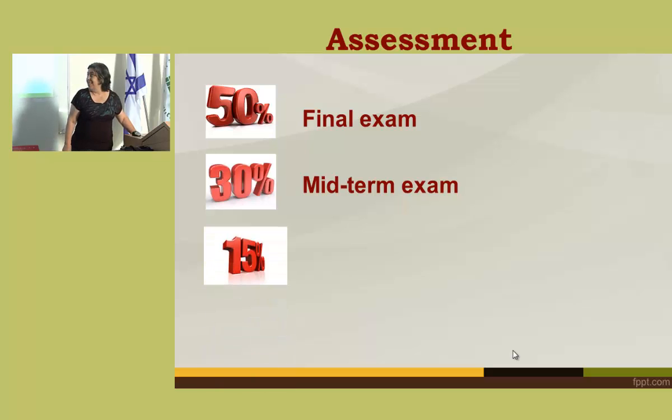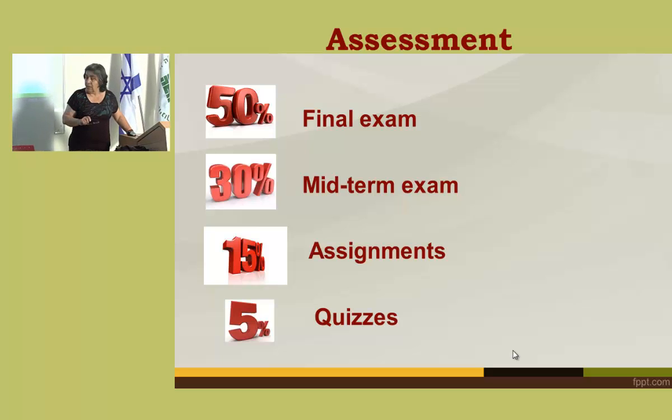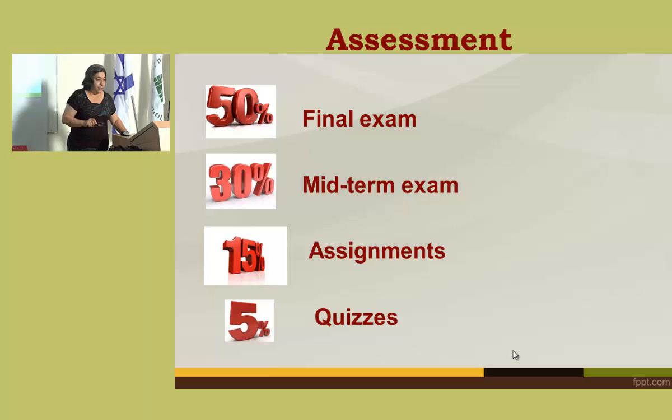The assignments. Because the assignments are your reading comprehension. And then 5% for the vocabulary quizzes. Okay? So 50% final, 30% midterm, 15% assignments, and 5% for quizzes.